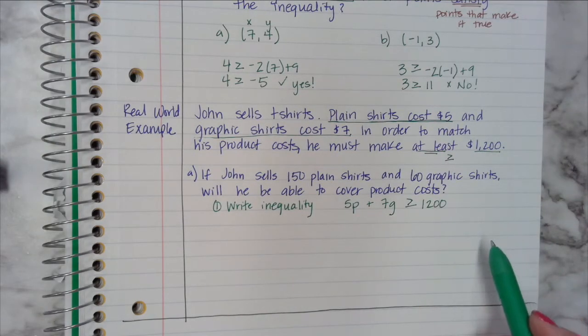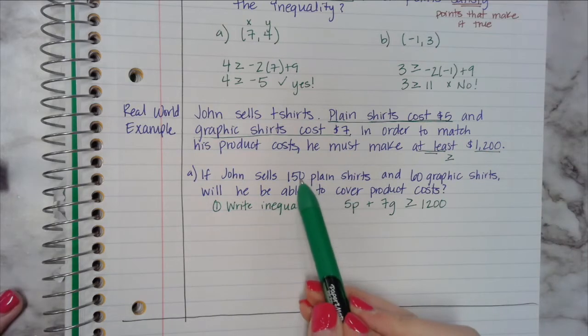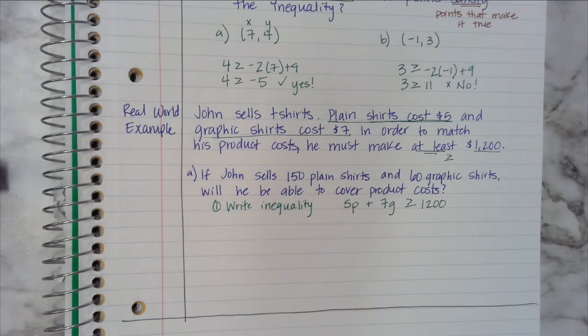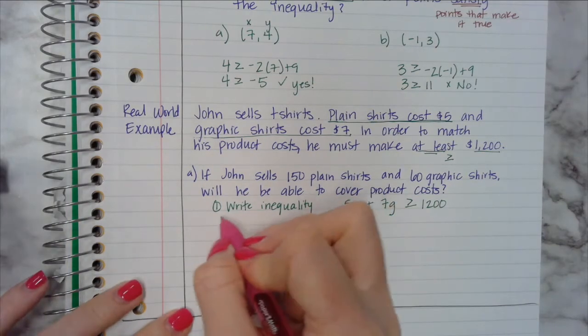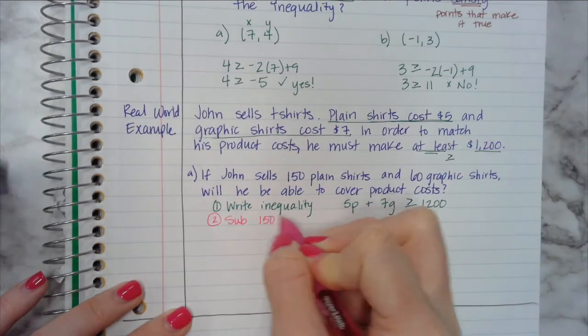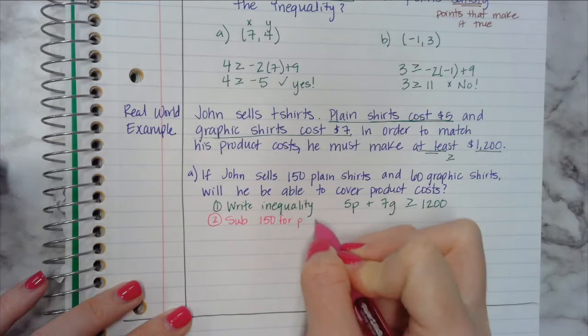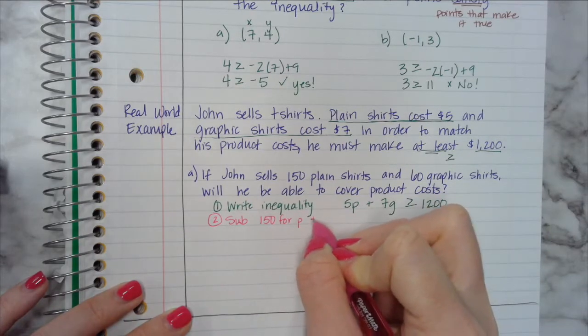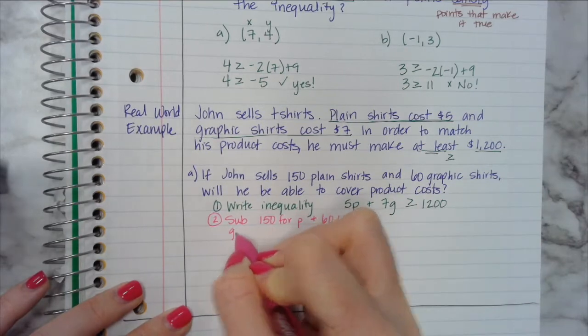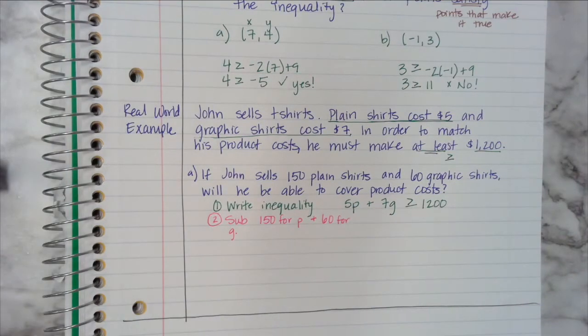Now we're given the example that he sold 150 plain and 60 graphic. Will he be able to cover our product costs? We just have to see, does this ordered pair, 150 for P and 60 for G, satisfy the inequality? And so step 2 is substitute 150 for P and 60 for G to see if it satisfies the inequality.